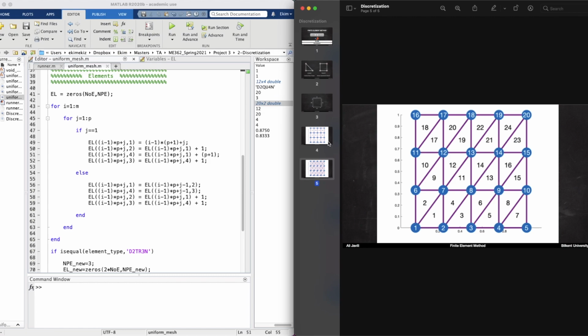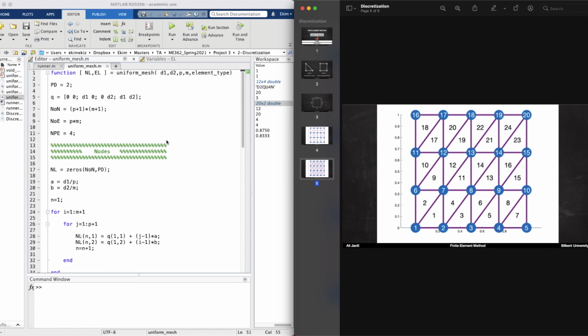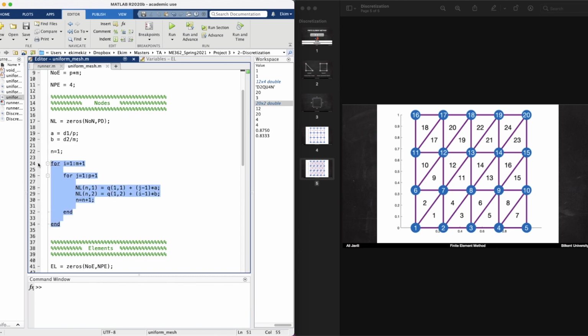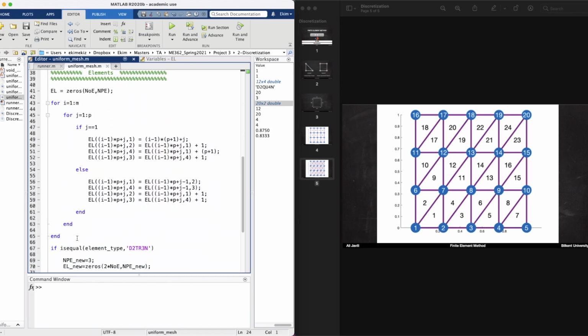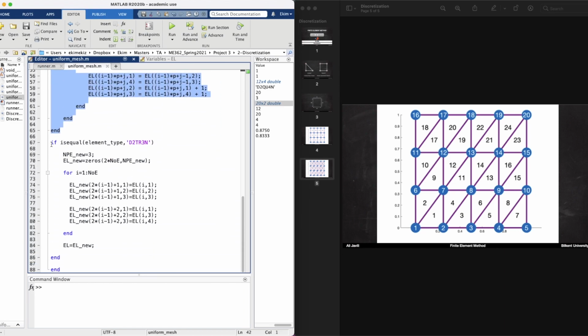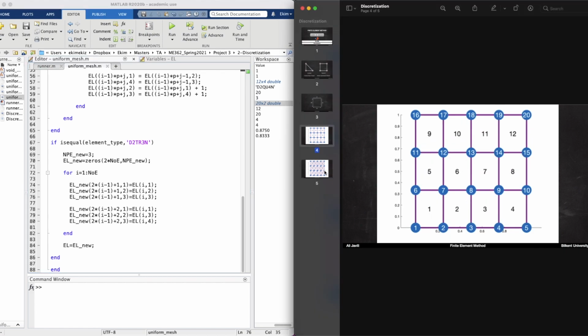Okay, that makes our job very easy because we don't have to write everything again. We generate the same nodes, we generate the same elements. We just do a little modification here so that we divide our 4-noded elements into 2 and get our triangular elements.